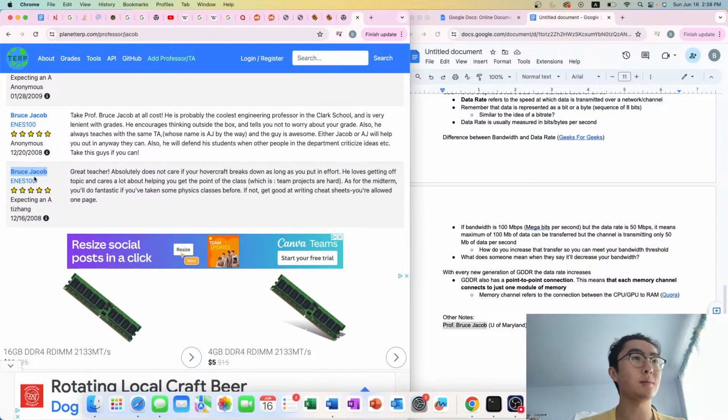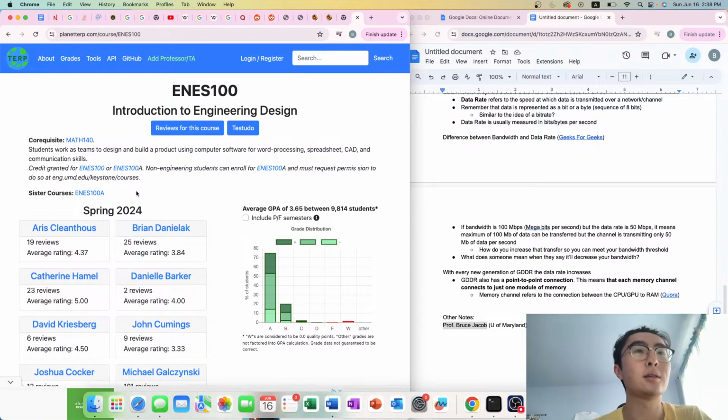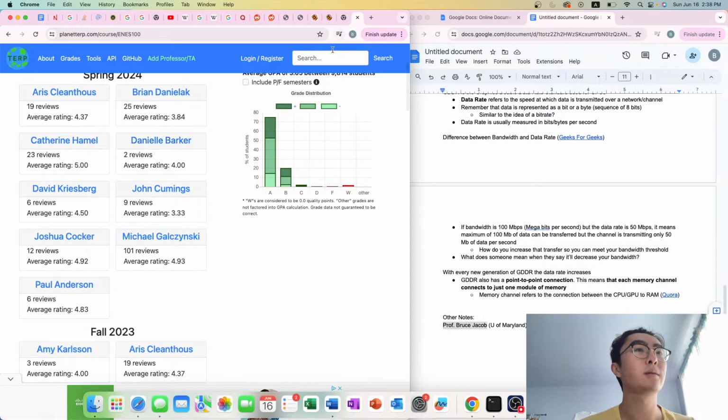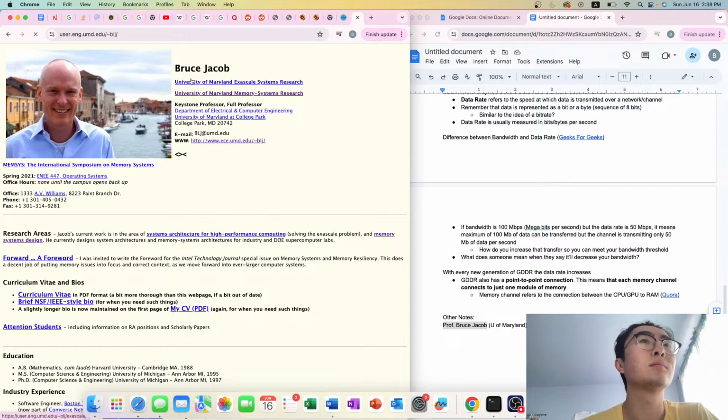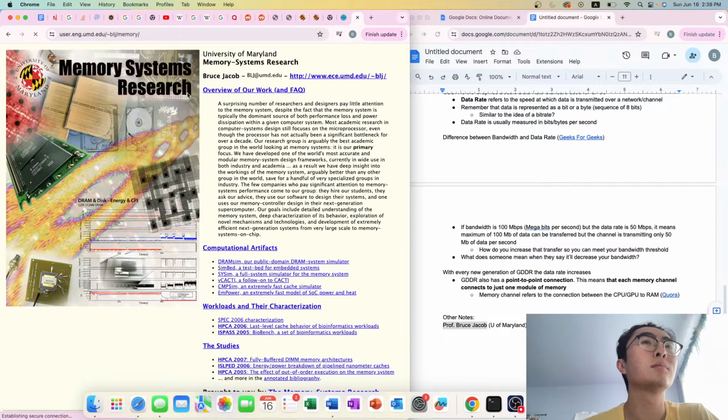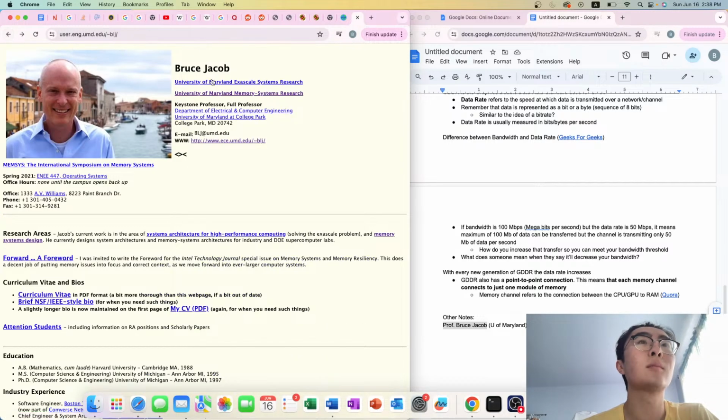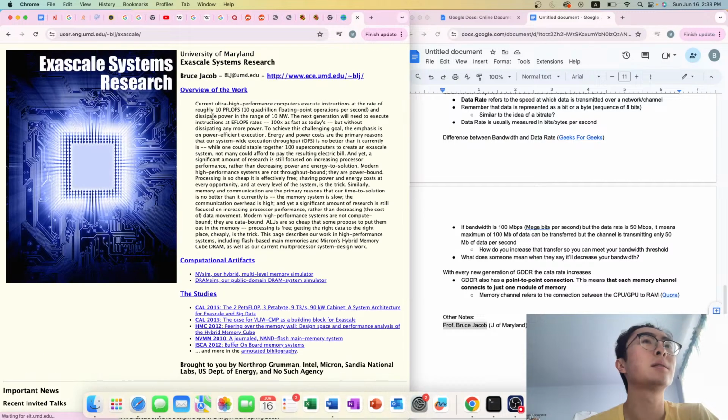Alright, so it seems like ENES. It's exascale. Floating point operations per second.